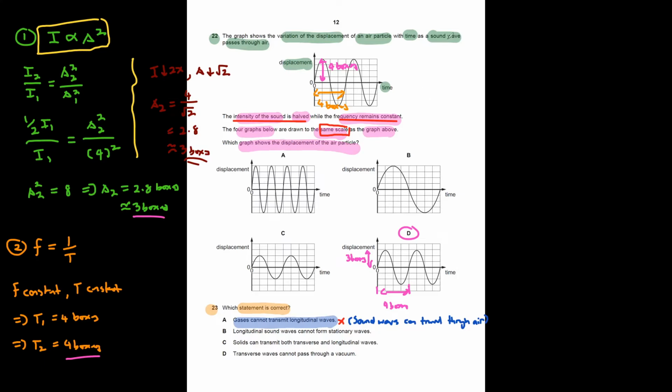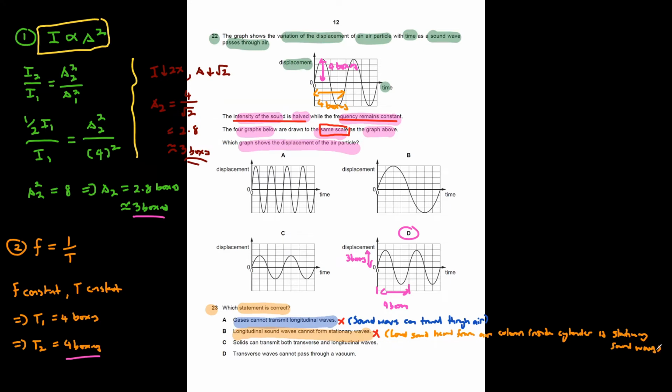And then after that, if you look at the second one, longitudinal sound waves cannot form stationary waves. This one again is wrong. Why? Because the loud sound heard from air column inside a cylinder is stationary sound waves.